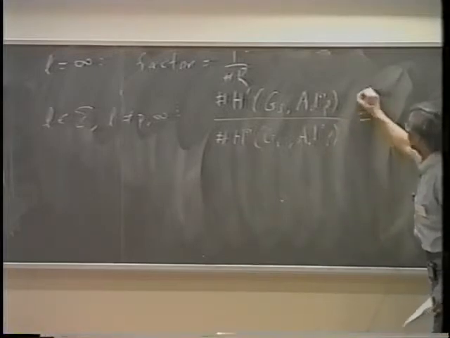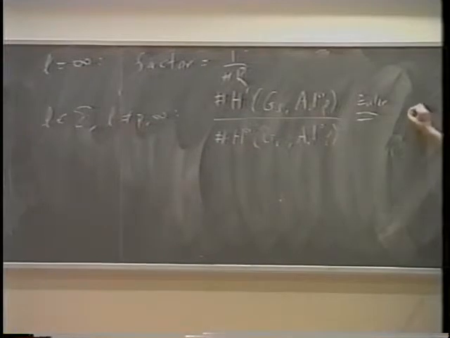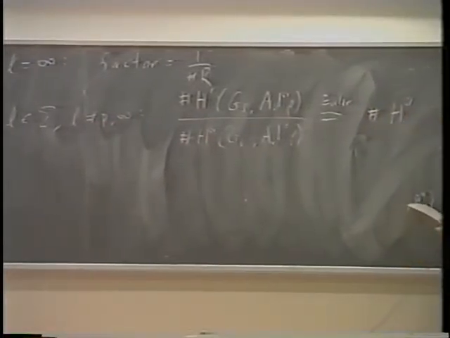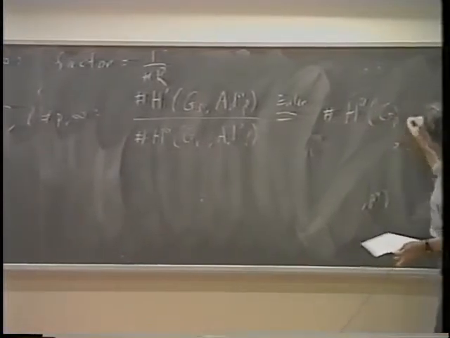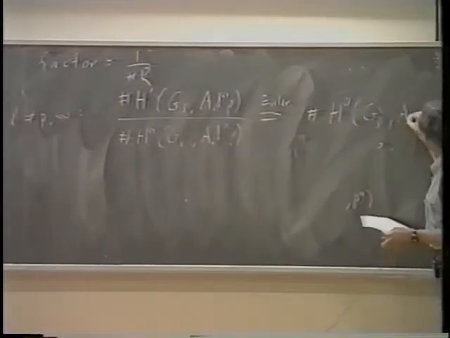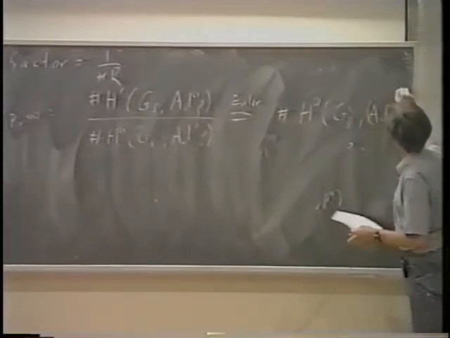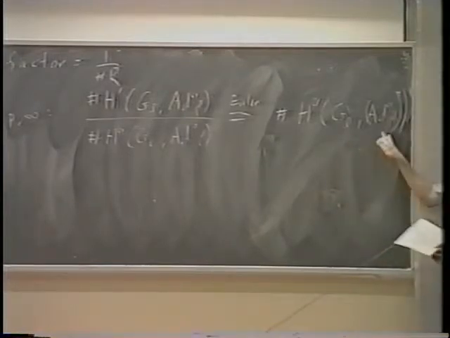This is, again, just by an Euler characteristic calculation, by the thing I had at the beginning of the lecture, just equal to the order of H0, G sub L, ad naught rho star. So this is something that's reasonably easy to evaluate in any given situation.